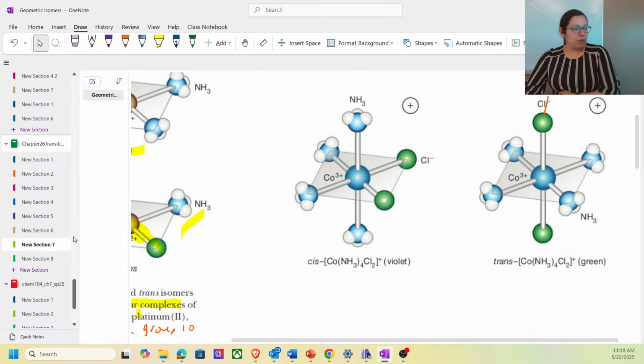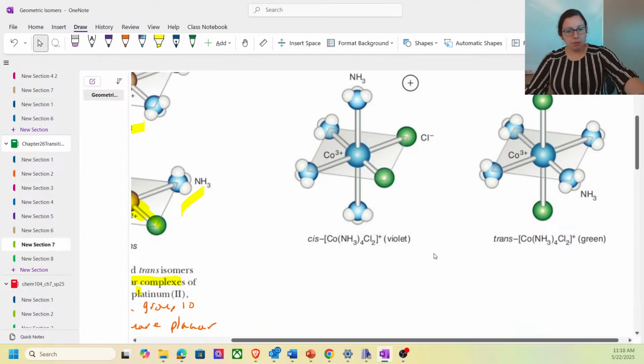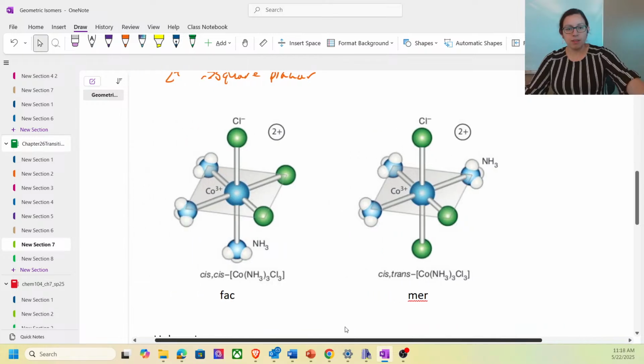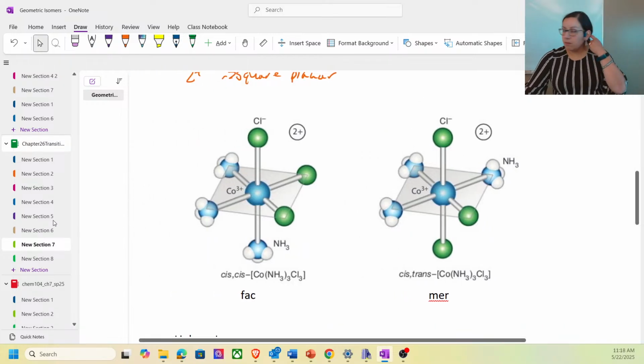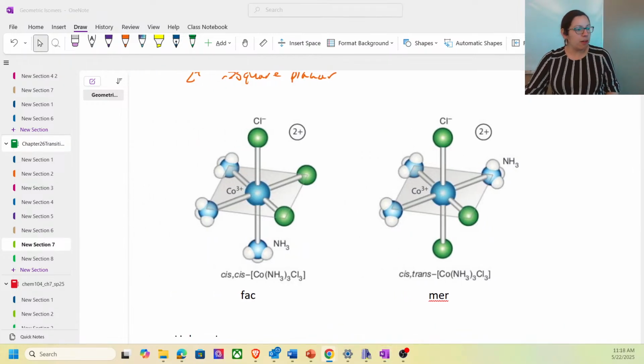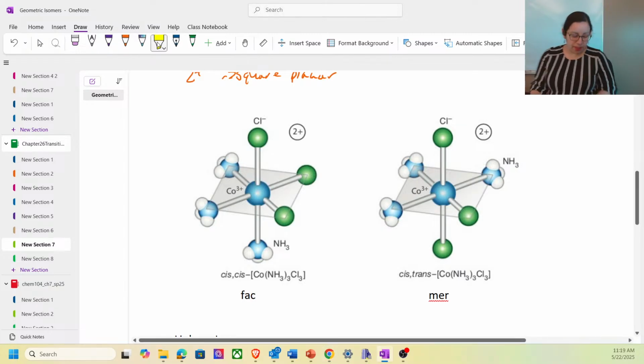All right, so that's one form. And then we said we also have these other types of isomers for our octahedral complexes. So we're only focusing on our square planar and octahedral complexes. Your book has a funny term, at least I thought it was funny.